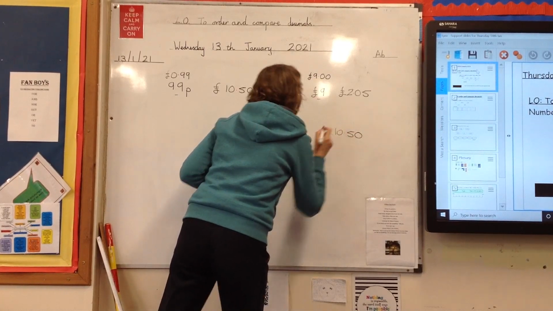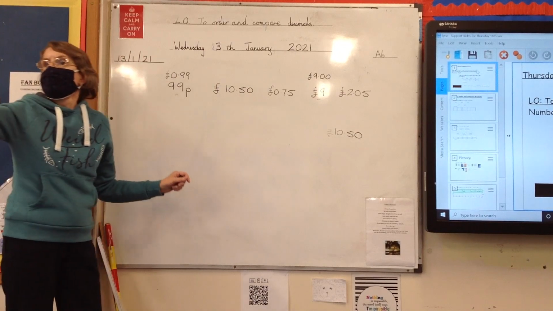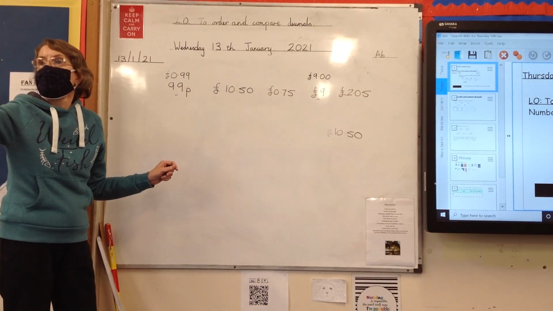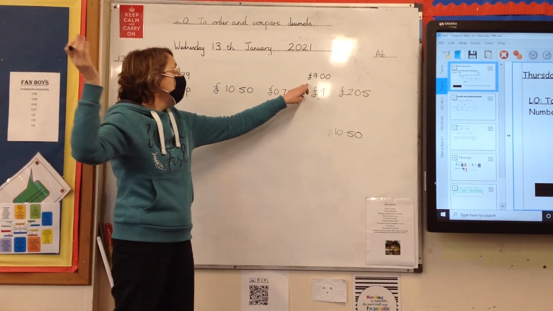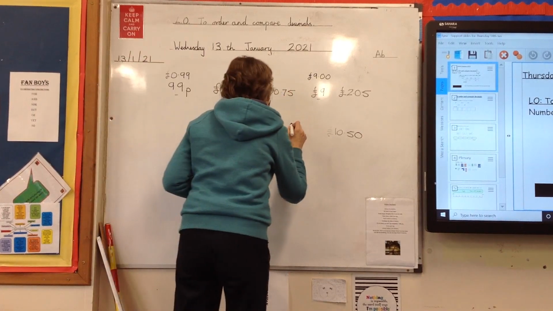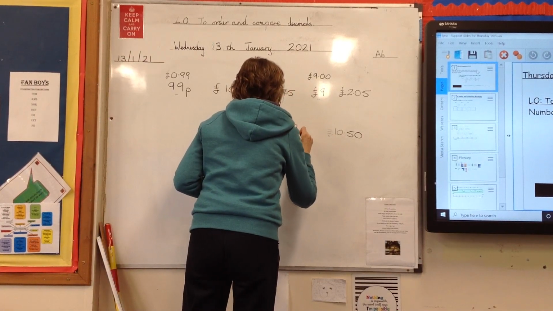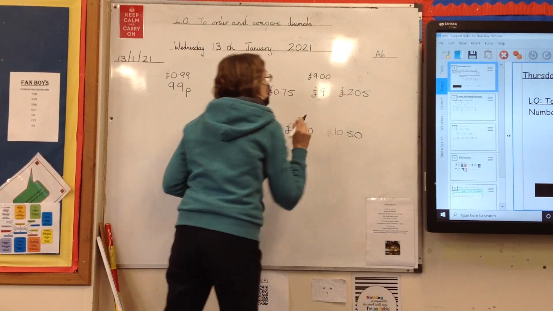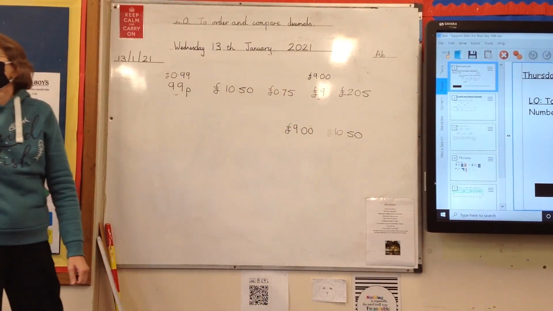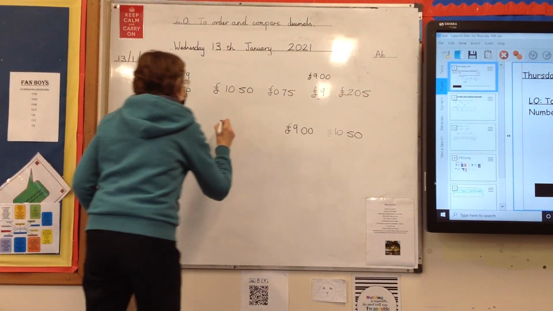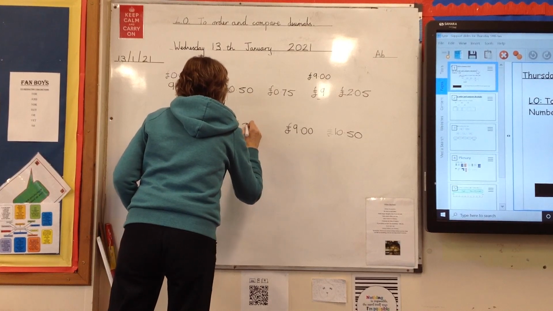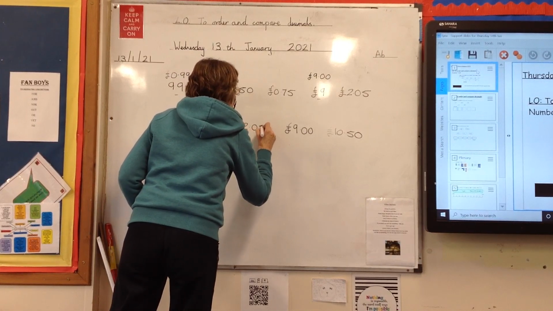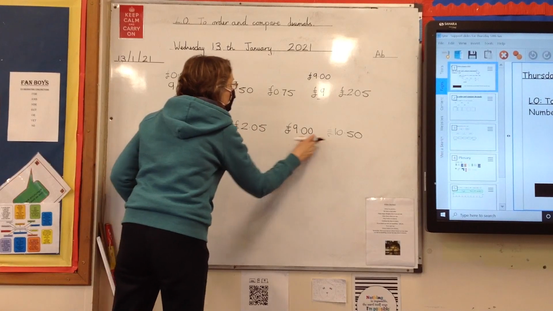Next largest would be £9. And then the next largest would be £2.05. Good. So we haven't even looked at the decimals, we've looked at the whole numbers.